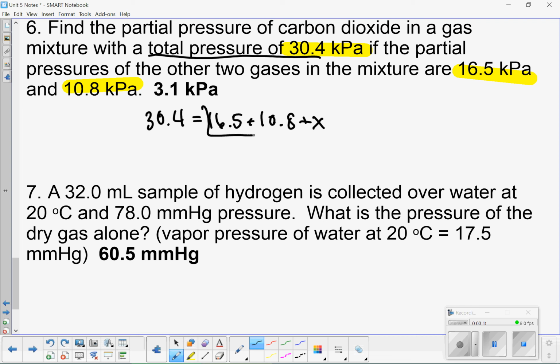So again, combine your like terms and add those two numbers up. I get 27.3 plus x. To solve for x, just subtract 27.3 from each side, and that's where you get your 3.1 kPa from.